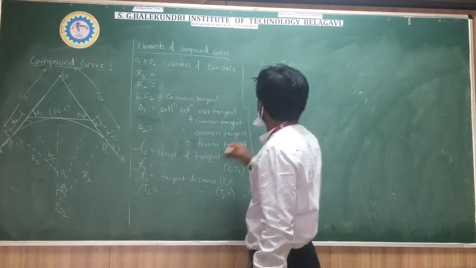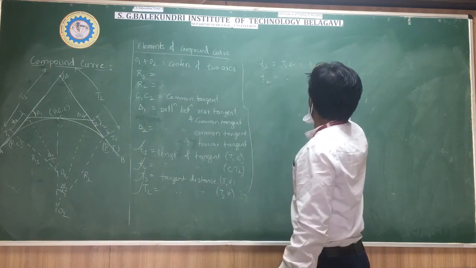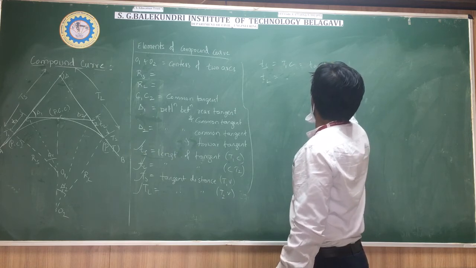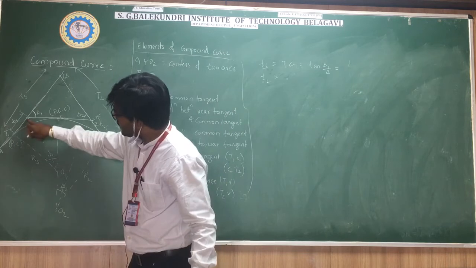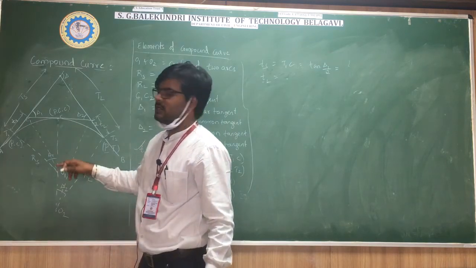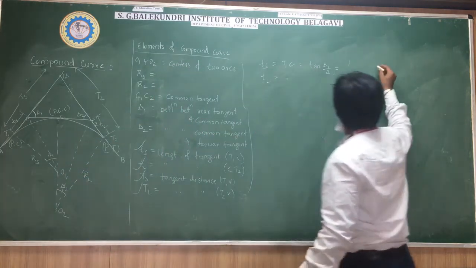Yes, we just see the figure. What will be the tan delta 1 by 2? T1C divided by RS. I will draw this diagram here.